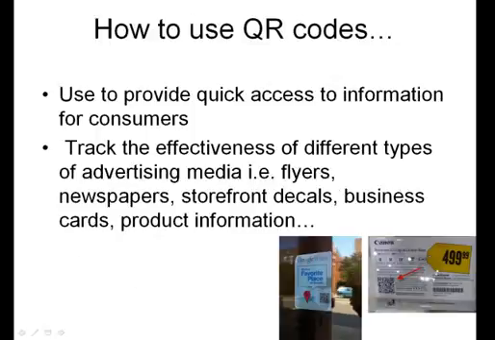Well, again, they're used to provide quick access to information for consumers. At the bottom of the screen on the right, you can see there's a little picture of a Canon PowerShot G11 digital camera. The price is $499.99, and there's a QR code indicated by the red arrow.